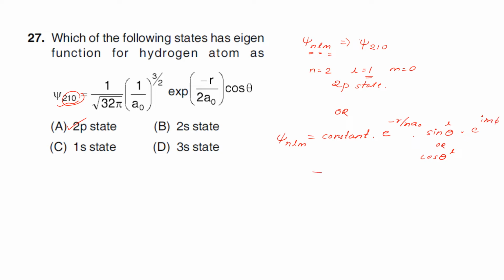Now comparing the given expression with the standard general expression, we can say that n is 2, l is 1 and m is 0. Therefore this represents the 2p state only. Option A is correct.